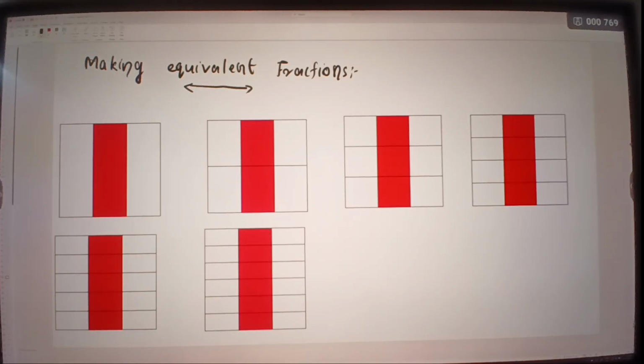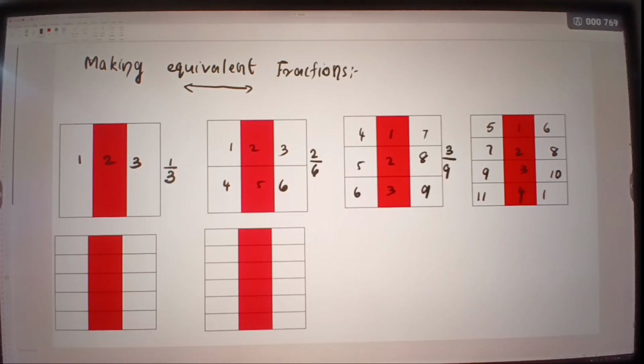So look here. This is 1/3. This is 2/6. This is 3/9. This is 4/12. This is 5/15.